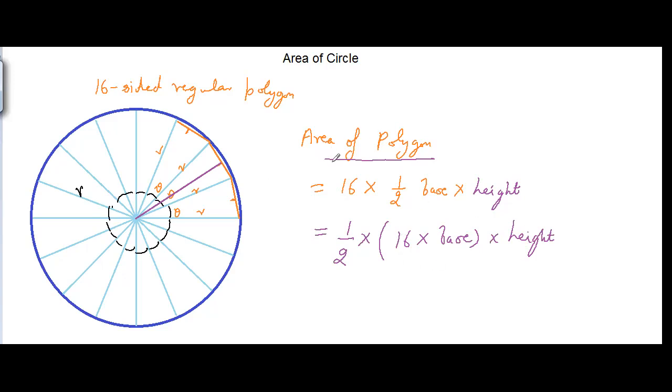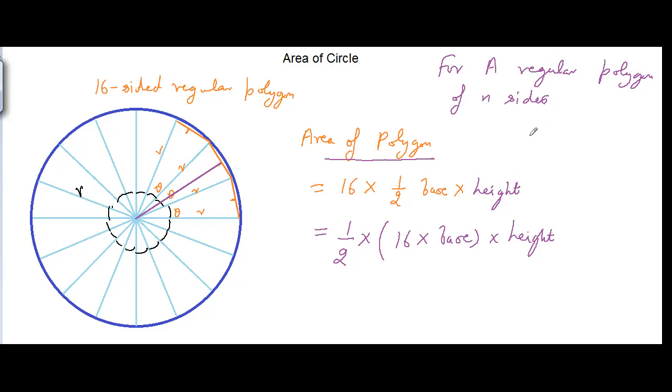For a regular polygon of n sides, rather than 16, we will have n triangles.